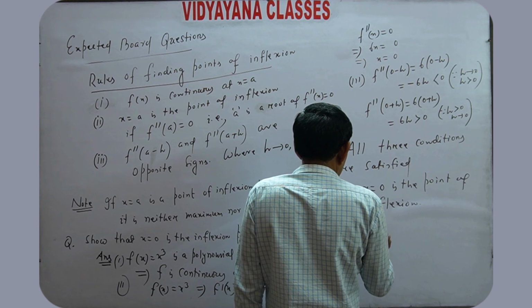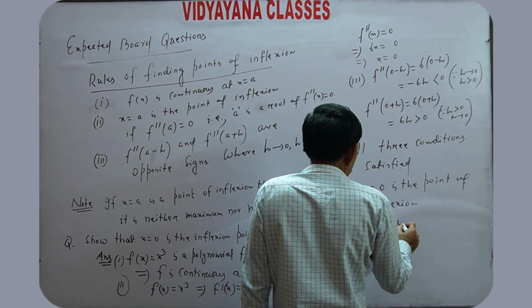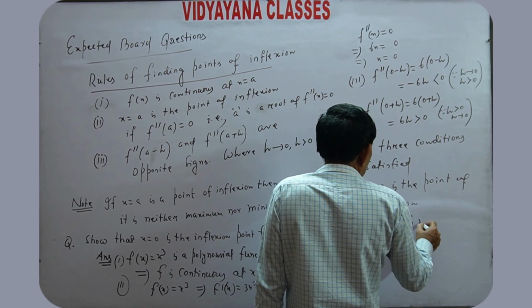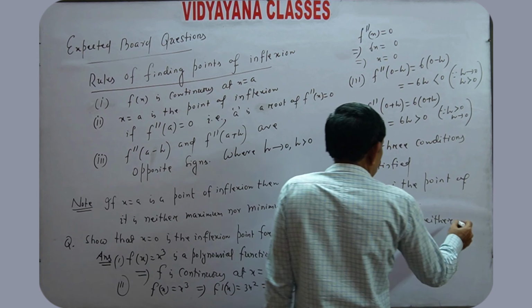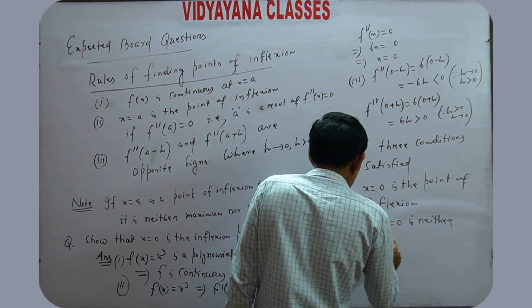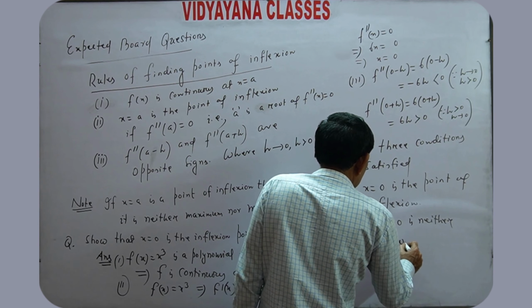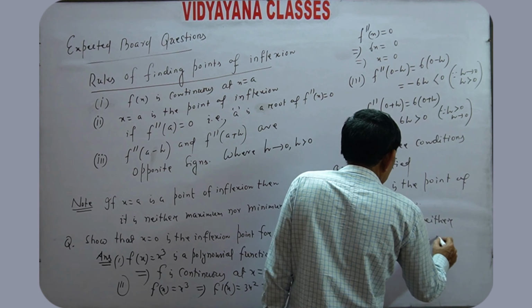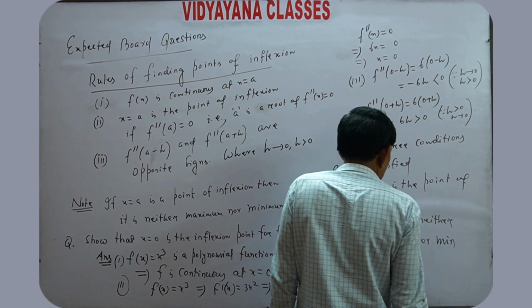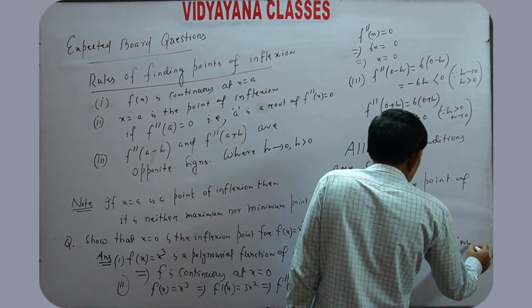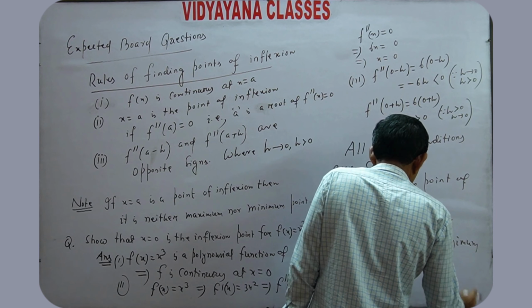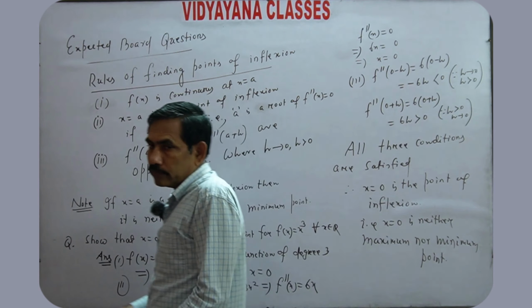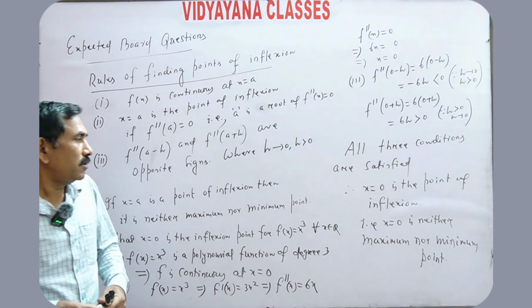That is, x equal to 0 is neither a maximum nor a minimum point. Clear? Clear?